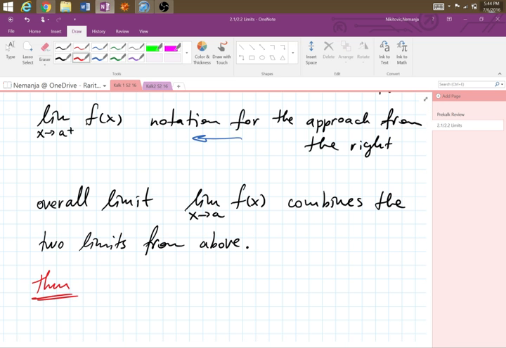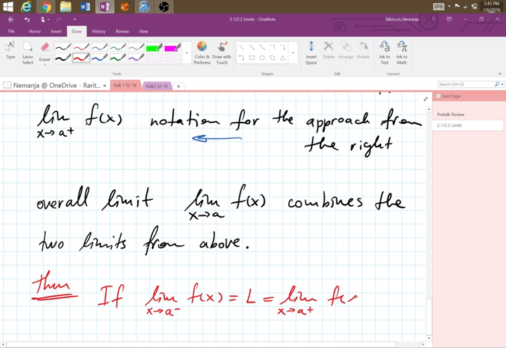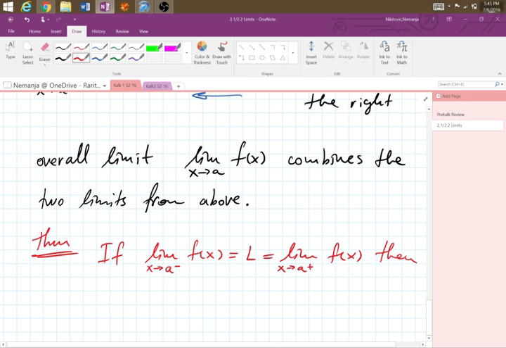And here it is. If the limit approaching from the left, so x approaches a minus of f of x, is some finite value L, and that is the same as the limit approaching from the right, then we say that the limit x approaches a of f of x has the finite value L. The way to read this definition, memorize this theorem, and understand this theorem is simply to say, if the limits agree from left and right, the overall limit is whatever they agreed upon.